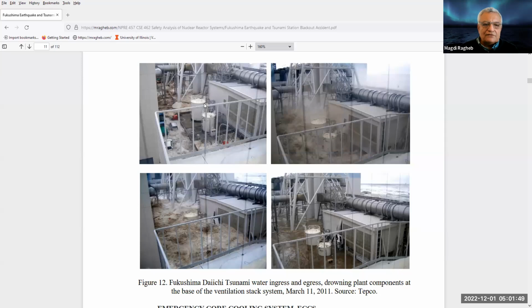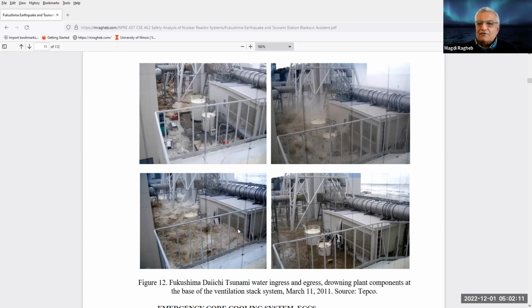You could see here, these are some fuel tanks. The water comes in this area. You could see those vehicles here. They start floating. The water rises and almost buries totally the fuel tanks and finds its way to the basement of the plant. And that was totally unexpected in the design.